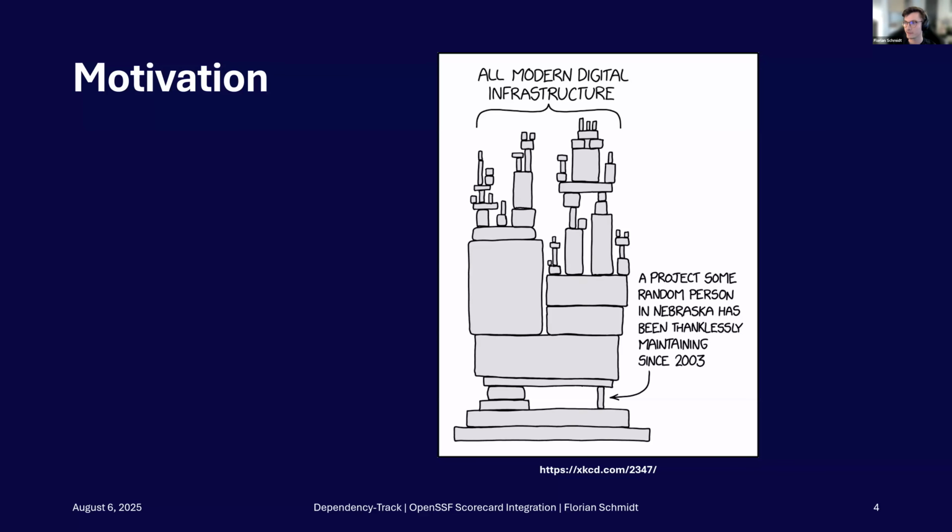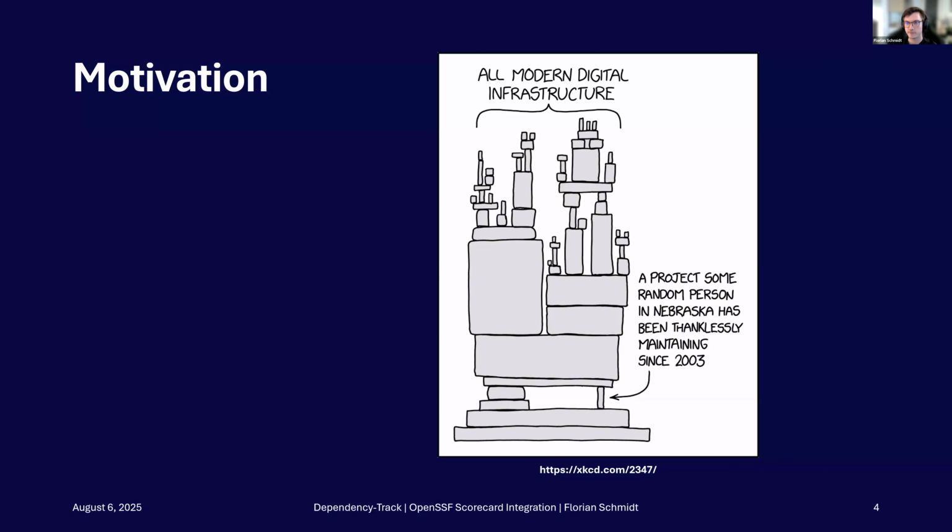So I guess for your crowd, I don't have to explain the background of this XKCD here. So we all know the situation too well. For many open source projects, this comic is not a joke, it's more documentation. And in these kinds of tight-knit ecosystems, especially when talking about Maven, NPM, PyPI, situations like these can arise fairly frequently, with a lot resting on single packages and their unpaid and often underappreciated maintainers.